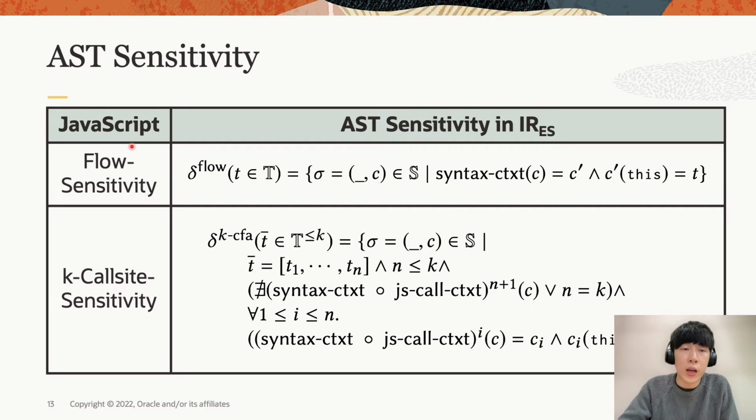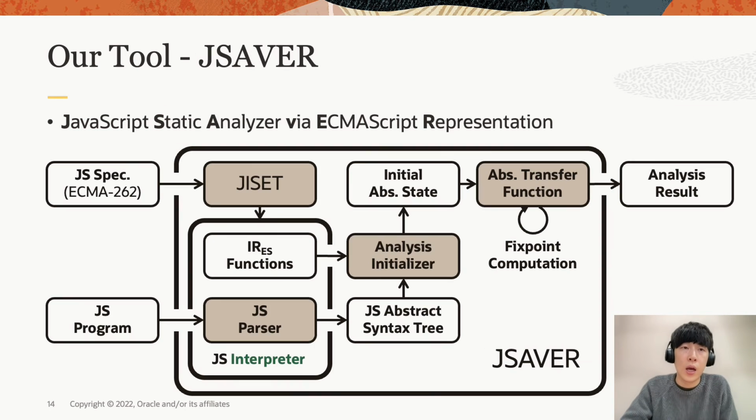We also define a dual concept of k-callsite sensitivity for JavaScript by extending the basic AST sensitivity with JavaScript callsite information. So now we can freely configure flow and k-callsite sensitivity for JavaScript by configuring AST sensitivities in the meta-level static analysis. To actualize this technique, we developed a tool named JSAVER.